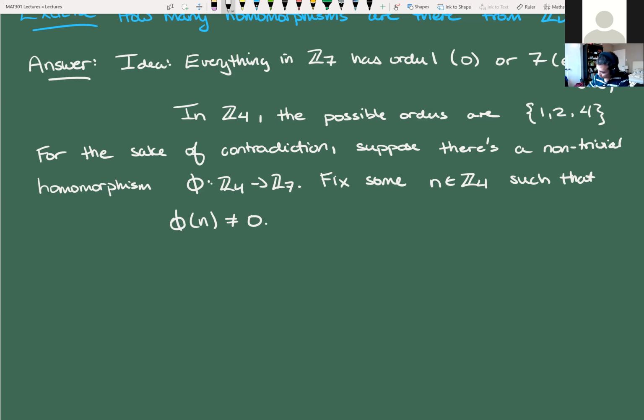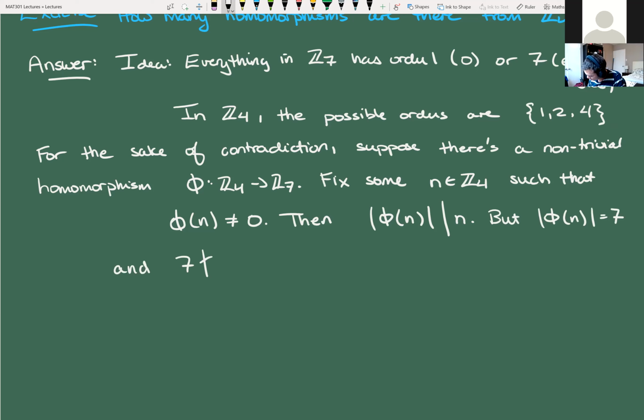Then the order of phi(n) must divide the order of n, but the order of phi(n) must be 7 because it's not the identity. So 7 does not divide 1, 2, or 4. So we've got our contradiction.